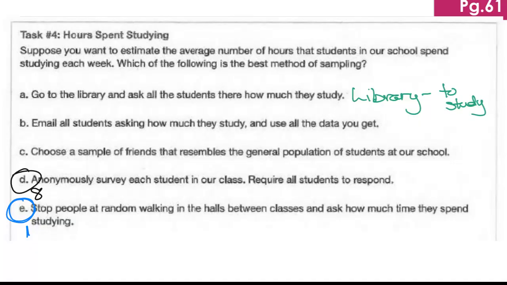All right. Letter B, email all students asking them how much they study and use all the data you get. Caitlin, why is that not a good method of sampling?